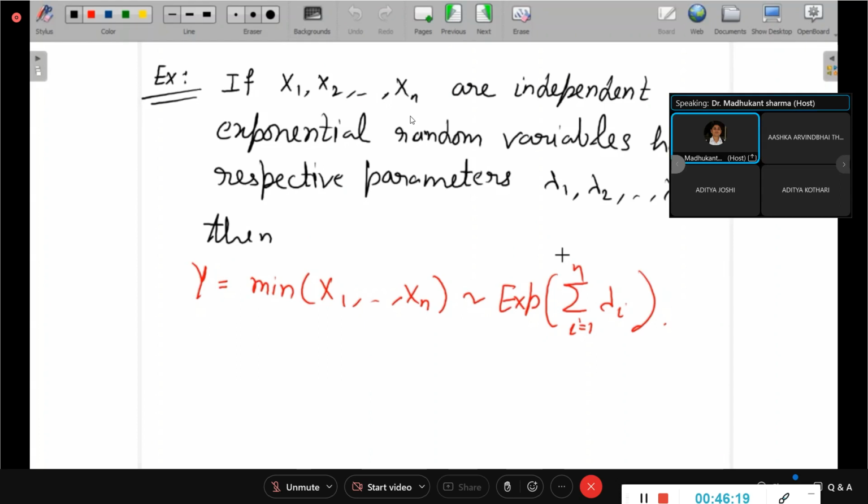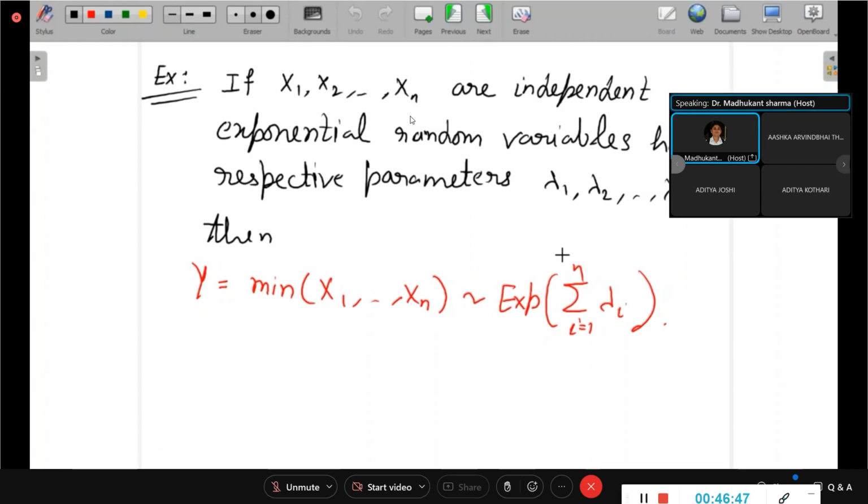If you have n independent exponential random variables and you take the minimum, because an exponential random variable most of the time describes the amount of time until something stops functioning, you require the minimum time that the complete system will function.